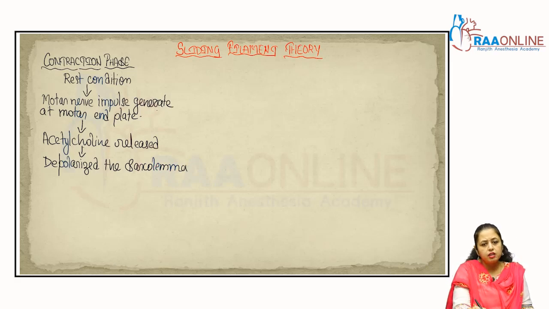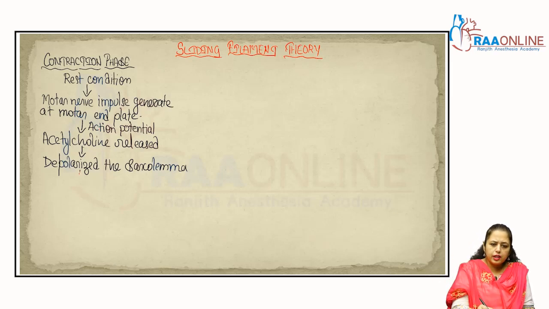Because when the motor nerve impulse is generated at the motor end plate, it generates the action potential. Due to that, acetylcholine is released and the sarcolemma is depolarized, so the action potential can go forward. So they depolarize the sarcolemma, and then what will happen?